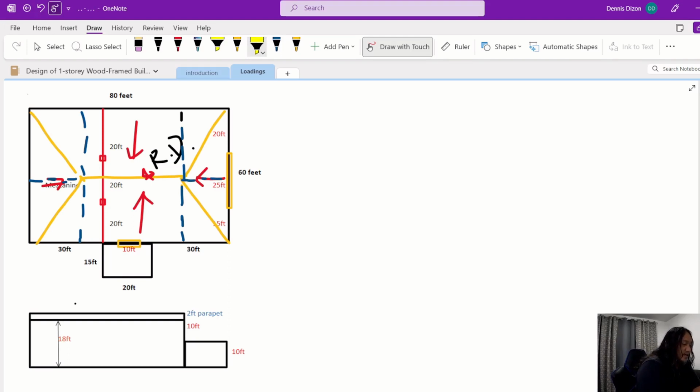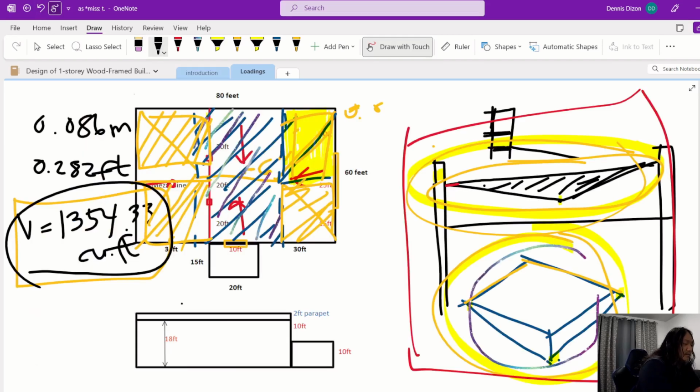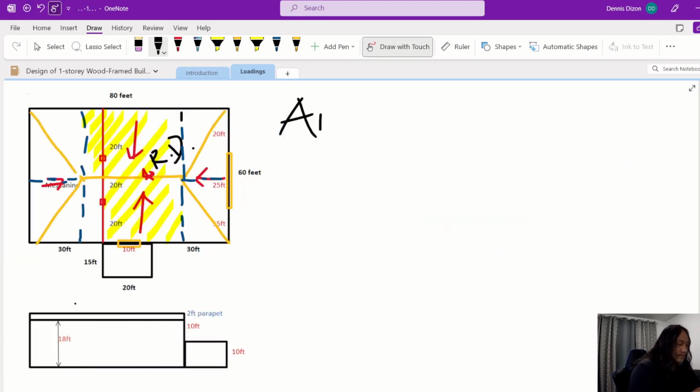So this entire area, this middle one here, within this hidden line boundary, we will call it area 1, or say volume 1. So that is our volume 1. This area between these two hidden lines.